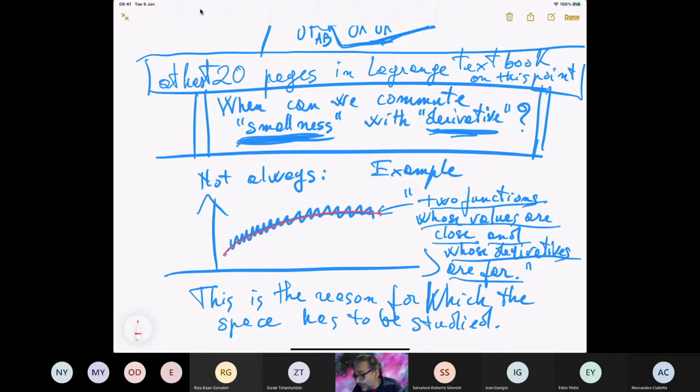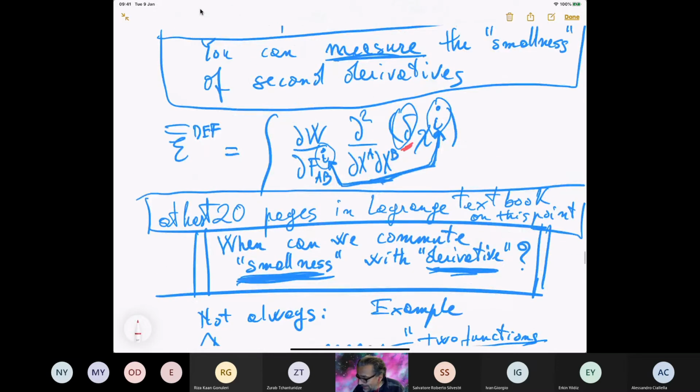But the derivative of the function in red is very different from the derivative of the function in blue. And so you are in trouble in general. So Lagrange knew that he had to choose a space for placements in such a way that delta and second derivative could be commuted.